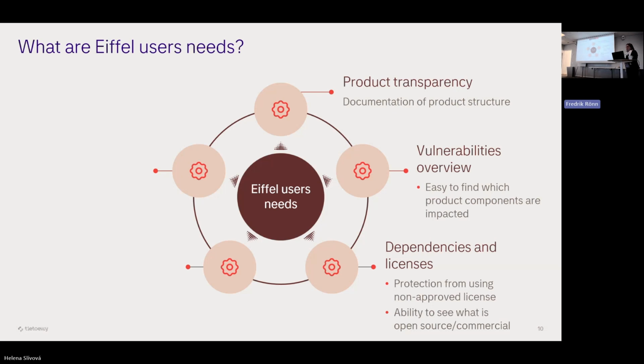The way policy-based works is that you define for your product certain requirements that you want to fulfill. Maybe you have a limitation of license types. You may have even other limitations in community or dependency situation.